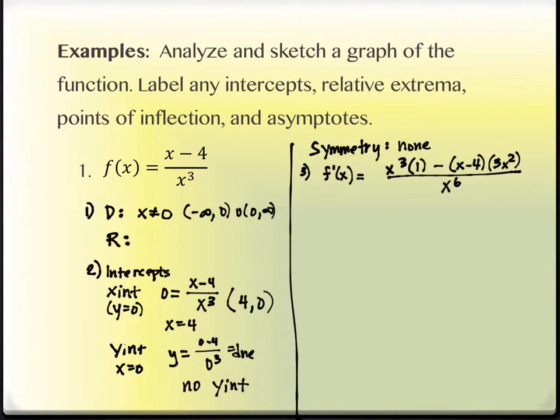Anytime we're taking a second derivative, we really want to clean that first derivative up as much as we can because it'll make the second derivative process easier. So we're definitely going to want to do that, even if we weren't trying to evaluate this at 0, which we are. So I have x cubed minus 3x cubed, and then plus 4x squared, all over x to the 6th.